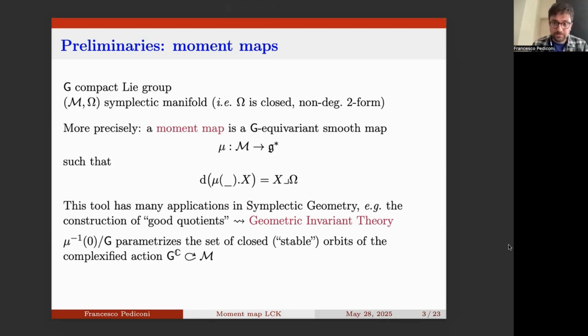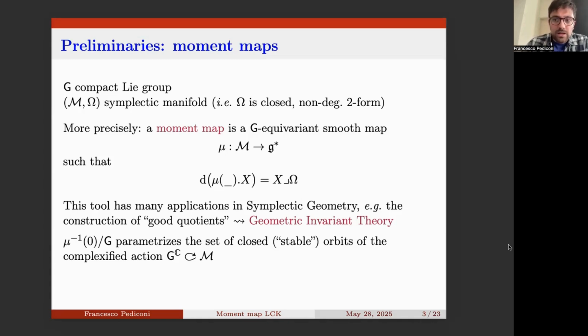The compact Lie group G acts on this set, and this set parameterizes the closed orbits, or stable ones in the nomenclature of geometric invariant theory, with respect to the complexified action of G. Here in general G is compact, so the complexified Lie group is well defined.